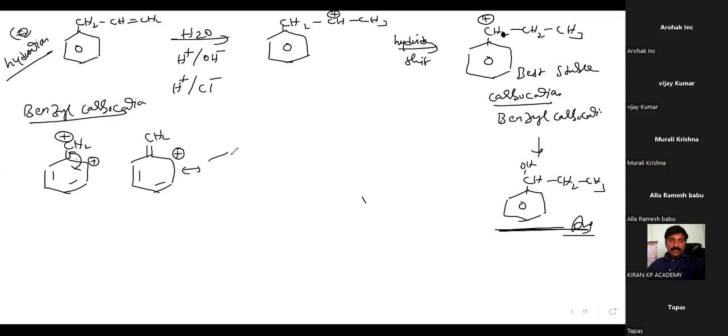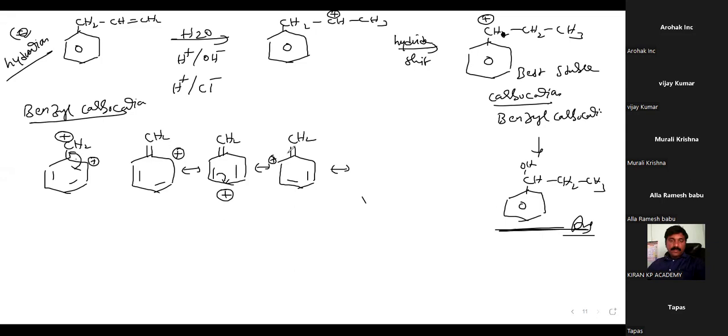Again, there will be further dispersal of the charge. The more the dispersal of the charge, the more will be the stability of a carbocation. This is also a point to be noted. Now what is happening over here? This bond will shift here, and here they will be getting a positive charge.